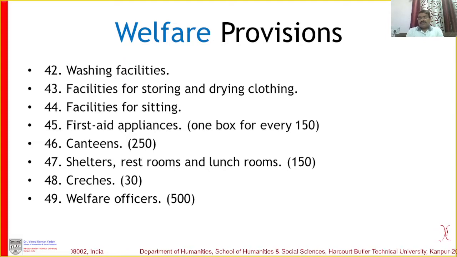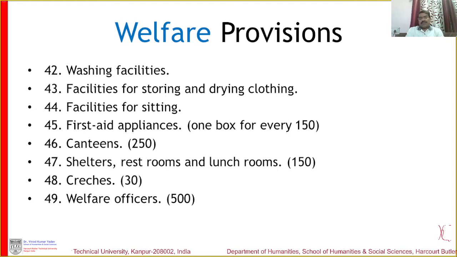Wherever there are more than 30 women employees working in any factory, there must be a crèche for children. And wherever there are more than 500 employees working in any organization, there must be a welfare officer; for up to 500 one, and for more than 1000 there may be two or more.